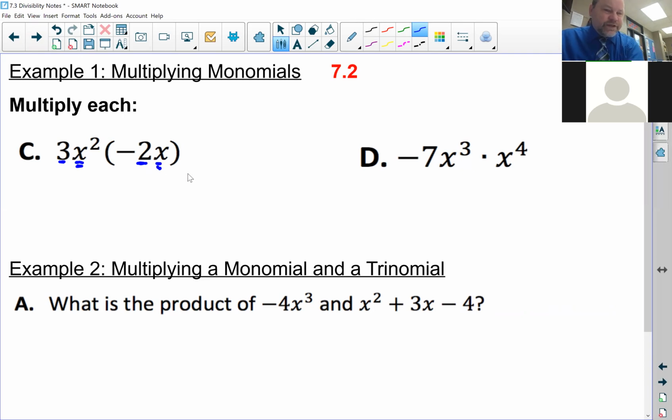In this case, 3 times -2 is -6. And for the variables, when we multiply, we add their exponents. So in this case, it would be 2 plus 1, or 3. A little bit different than when we're adding or subtracting. Remember, adding or subtracting polynomials, we change the number in front. The variable and exponents stay the same. Multiplying, everything can change.